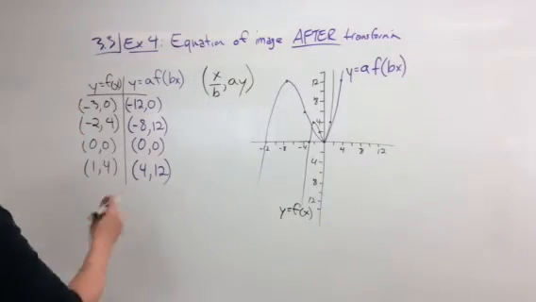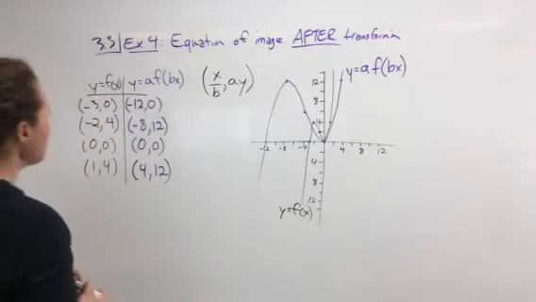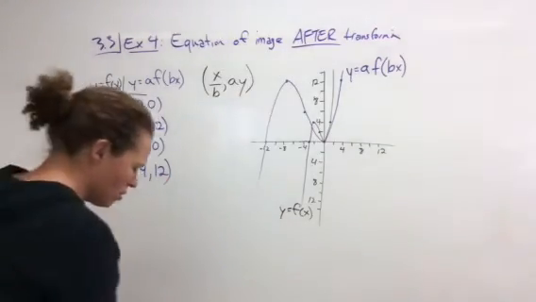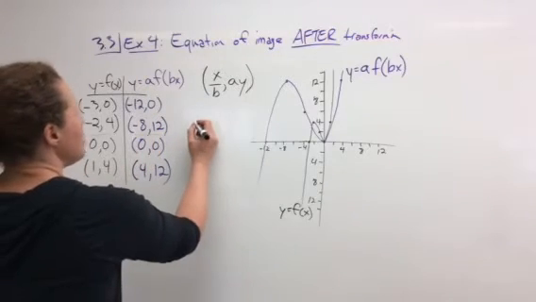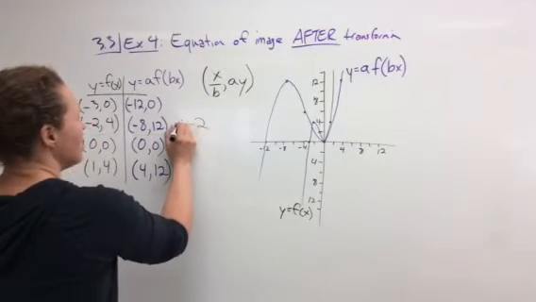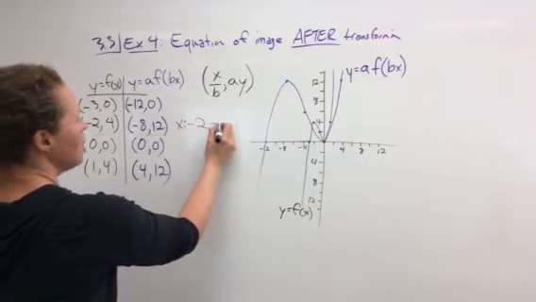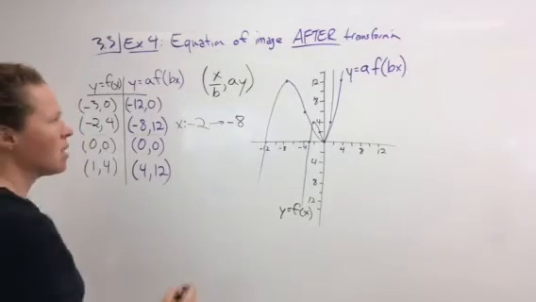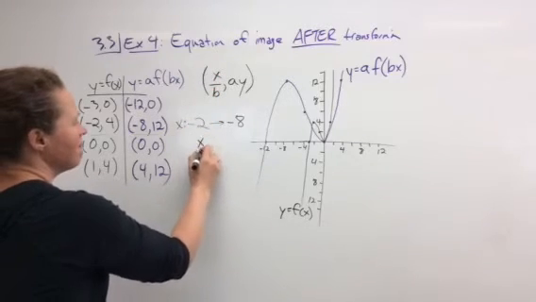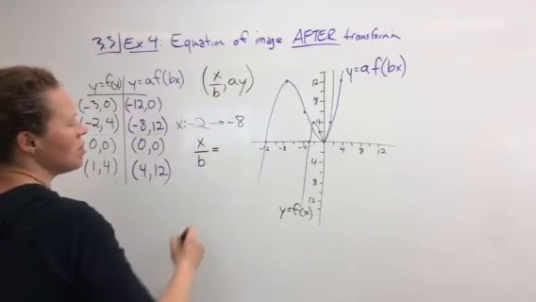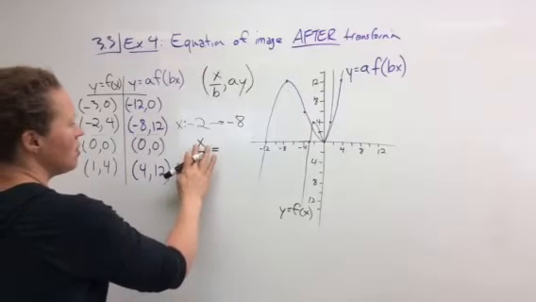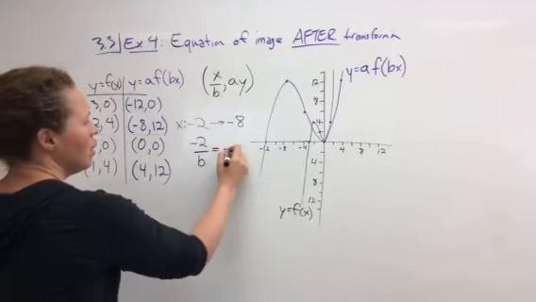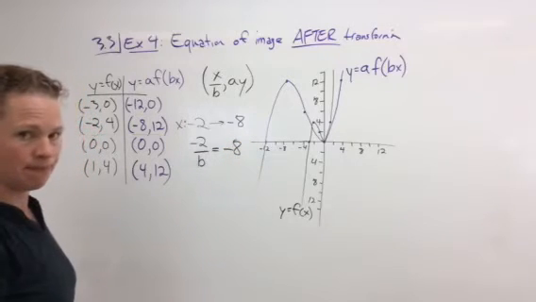So we're going to take these and work with them. So -2 used to be x, and then it became -8. X over b equals the new point. So that means that -2 over b equals -8.